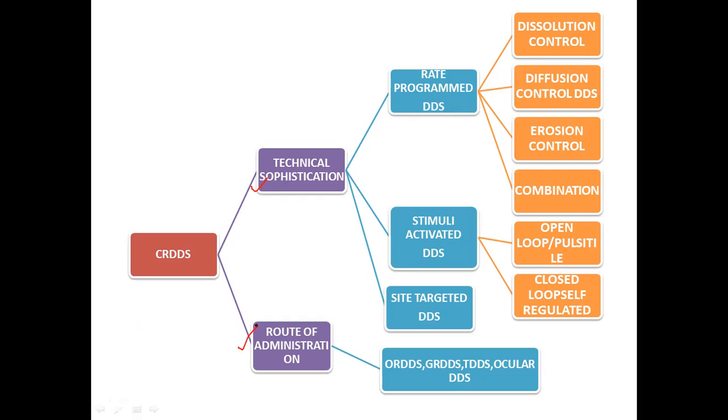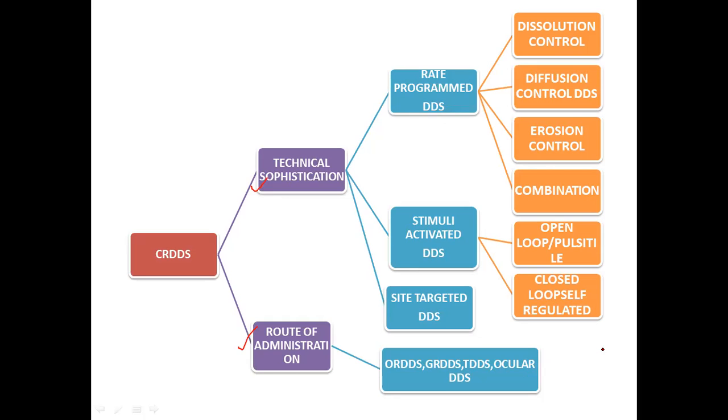Basically, oral routes are there, gastroretentive drug delivery systems are there, transdermal drug delivery systems are there, and ocular drug delivery systems are there. These are the various systems that we can adopt for delivering the medicament in a continuous or sustained release manner.